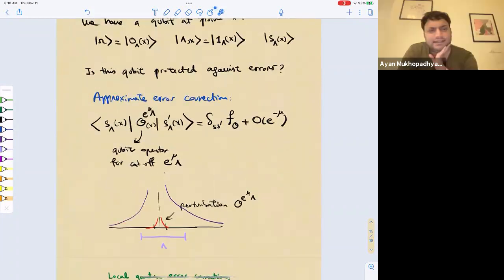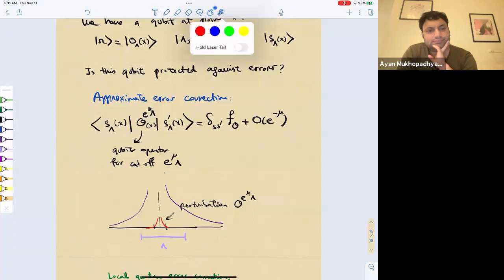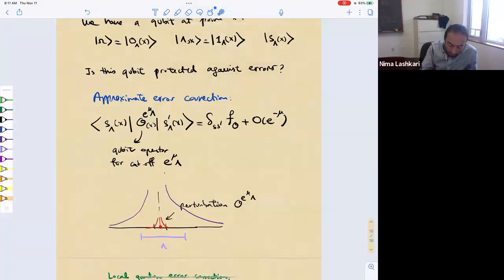What I don't understand is, there is a delta SS prime there, so shouldn't there be an X label here somewhere? Oh yeah, for sure, but I picked them to be all at the same point. You're absolutely right. What I'm looking at is a setup where I've created an excitation at point X equals 0 with this width lambda, and now I'm exploring an error that sits exactly at that point.